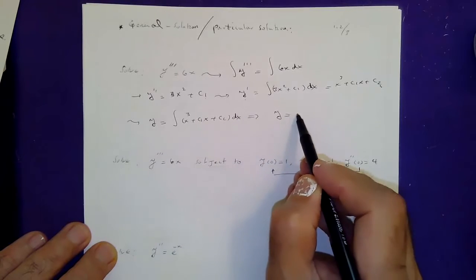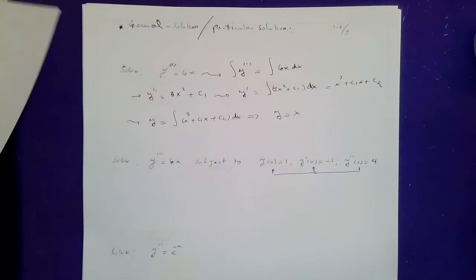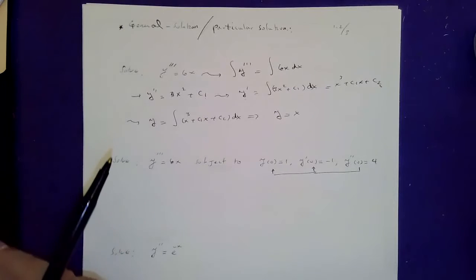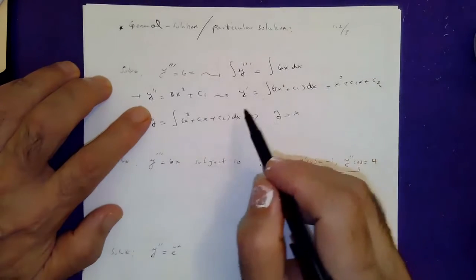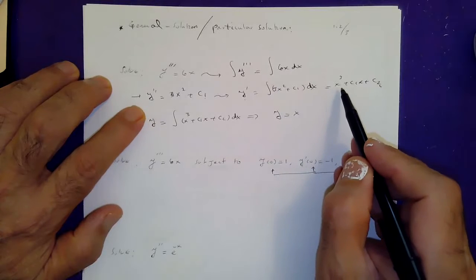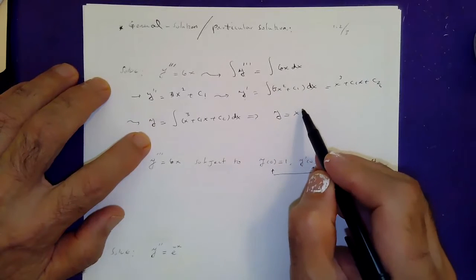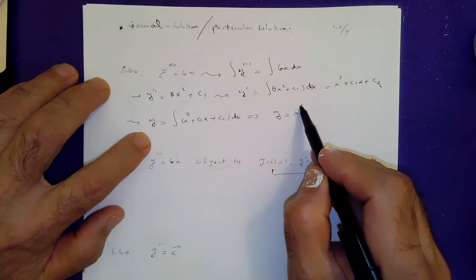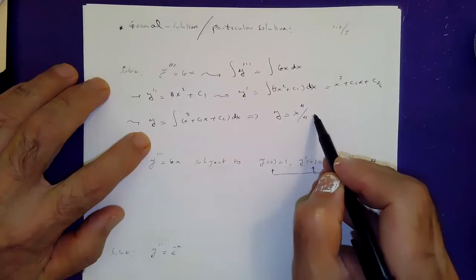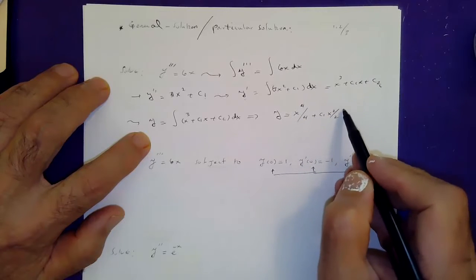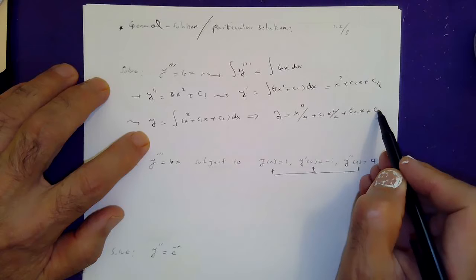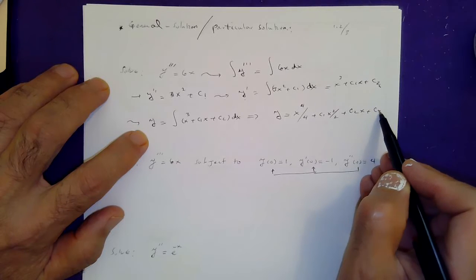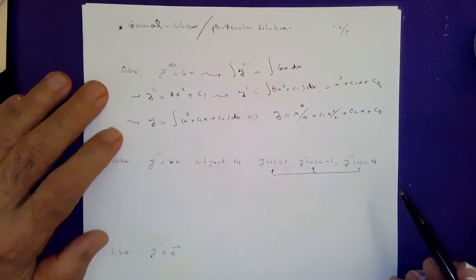So y is equal to x to the 4 over 4 plus c1x squared over 2 plus c2x plus c3. Do you see it?